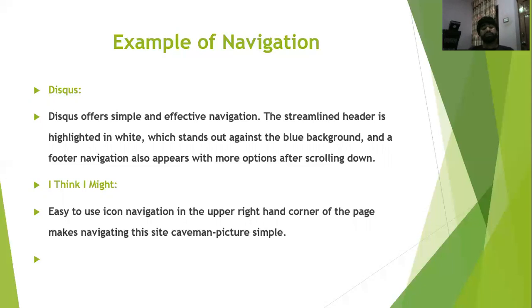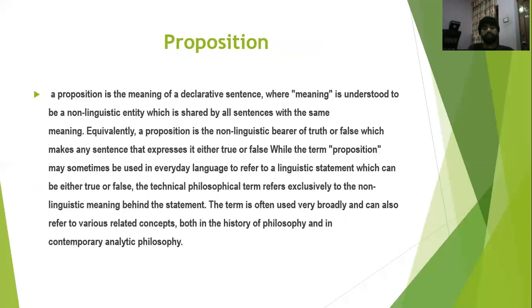So here we are applying navigation, it may be developed or not, and it depends on the situations. Here I am defining the preposition. A preposition is the meaning of a declarative sentence.